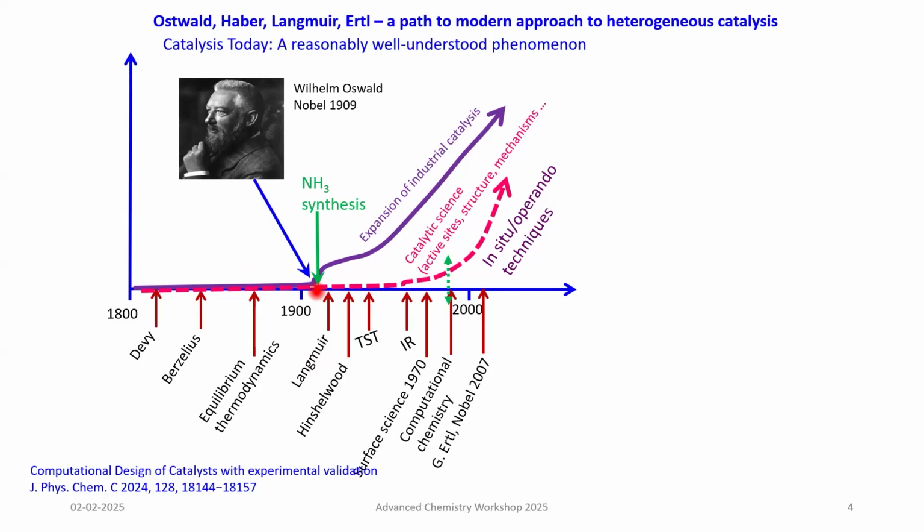That's where he proposed the Langmuir isotherm, based on some 3-4 assumptions. Of course, those assumptions were not entirely correct, but nevertheless, under certain conditions, the Langmuir isotherm is correct.